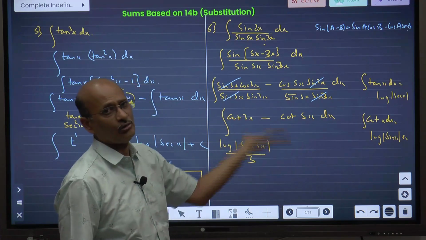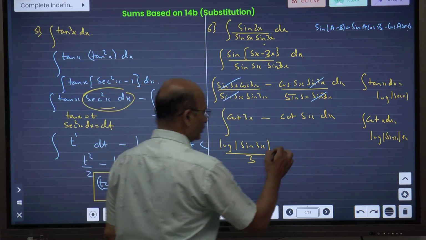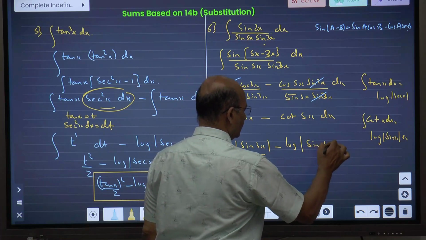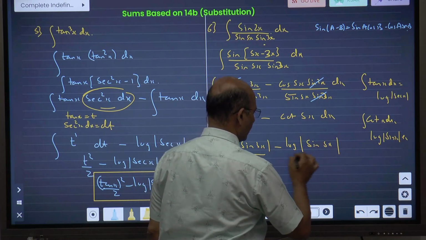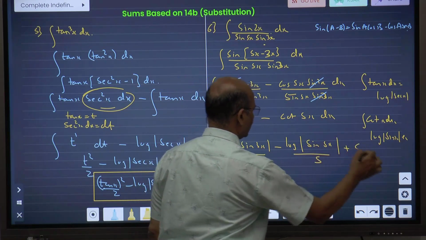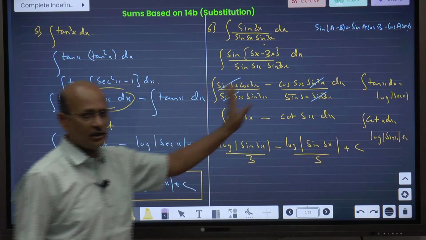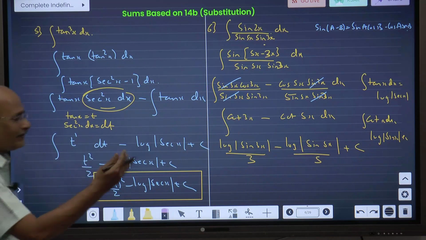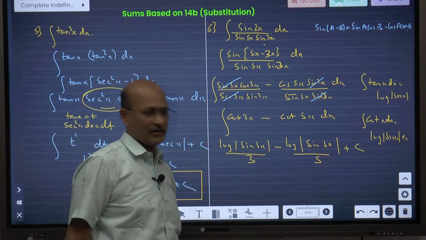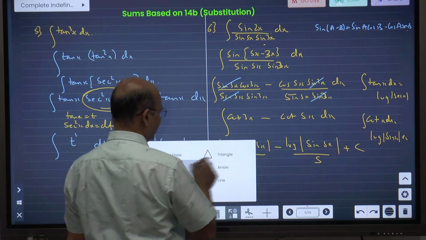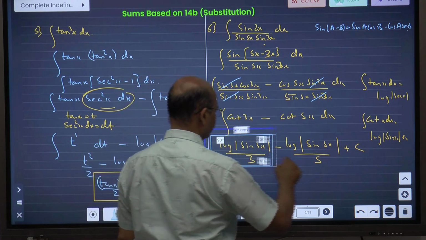So in integration you divide by the derivative, upon 3, minus log of sine 5x upon 5, plus c. There is another way: you can find the LCM, take this 5 here, or you can keep it as it is. So this form or that form, जो जीता वो सिकंदर इसके अंदर.